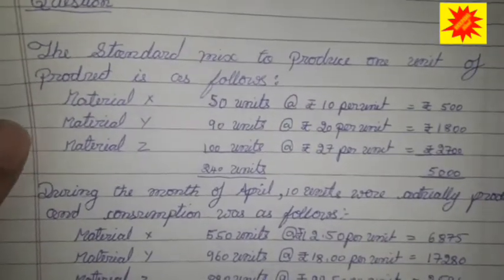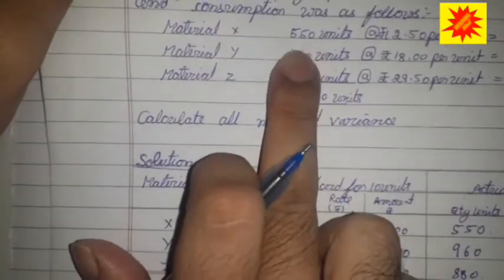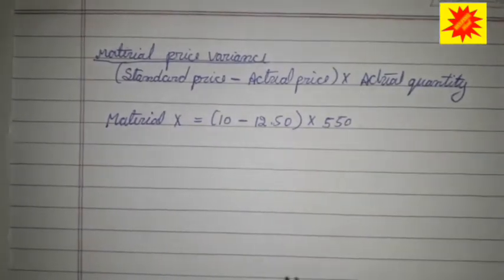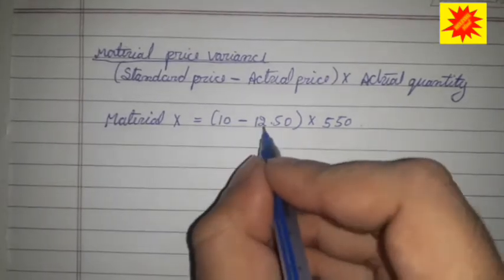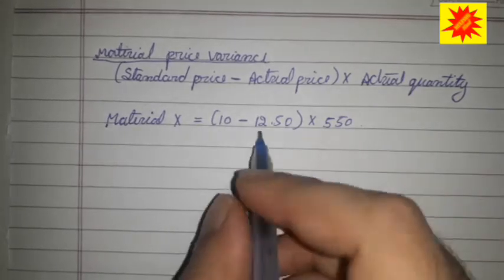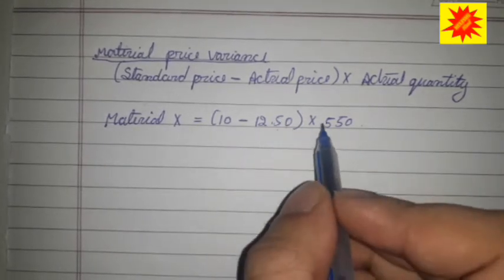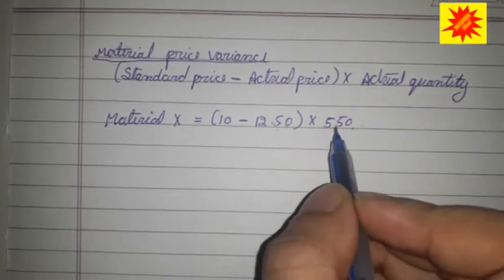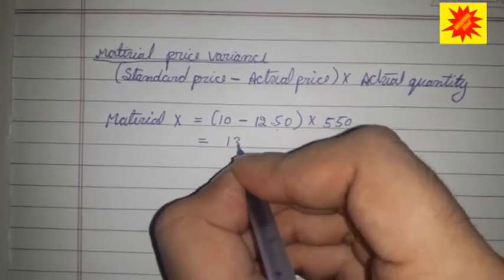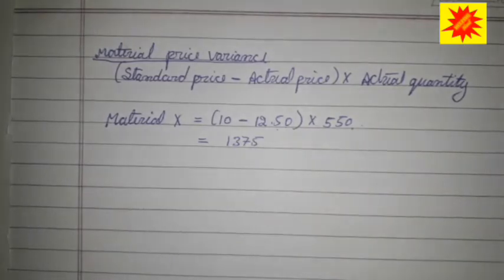The actual quantity is 550 units used, right? So record that, 550 units. So now 10 minus 12.5, is it negative? Yes, definitely it is negative. So when we do that, we get a negative value into 550. When we do this, we arrive at 1,375. It will be in negative.